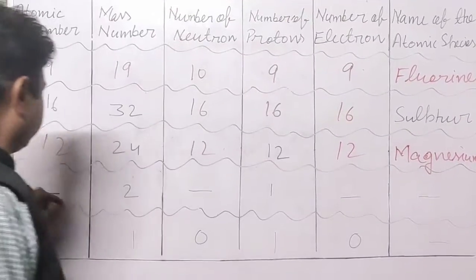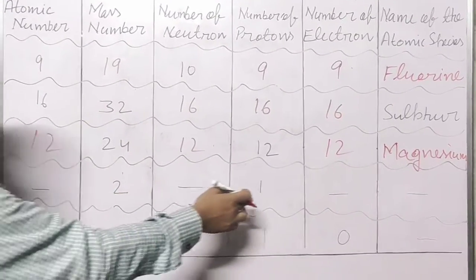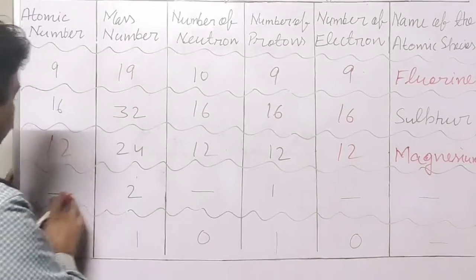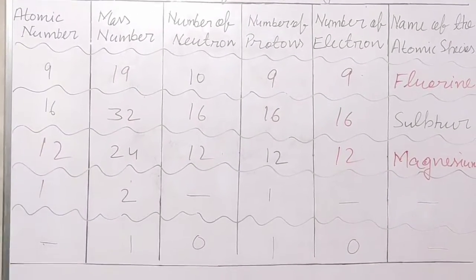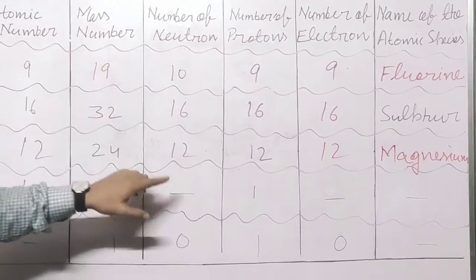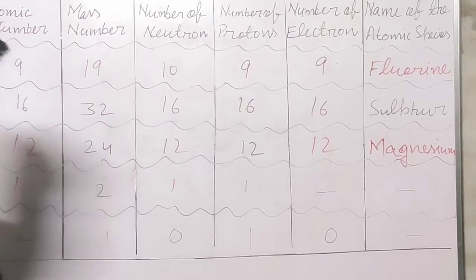Next, the mass number is given here, and the number of protons is given here. So the number of protons is 1, so we write here 1. In this, the number of neutrons is also 1, student.